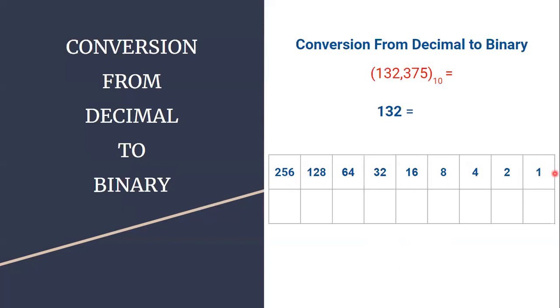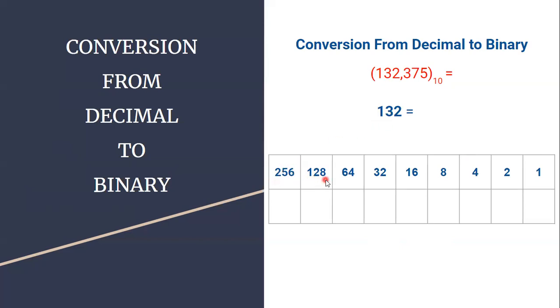I create this table by writing first of all number 1. After I multiply by 2 and I get 2. 2 times 2, I multiply every number by 2, until I arrive to 128 times 2 gives me 256. Now, because 256 is over 132, I stop.